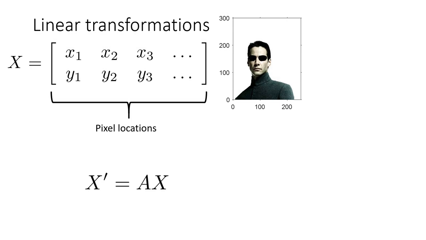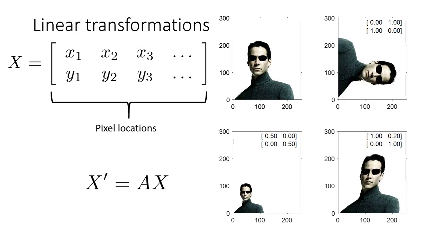Now, if we want to shrink that picture down, we can accomplish that by taking a 2 by 2 matrix with the entries 0.5, 0, 0, and 0.5 and multiplying that by our original matrix. What that does is it just multiplies all of the x coordinates by a half and all of the y coordinates by a half, and so all of the distances in the picture get shrunk down by a factor of 2.